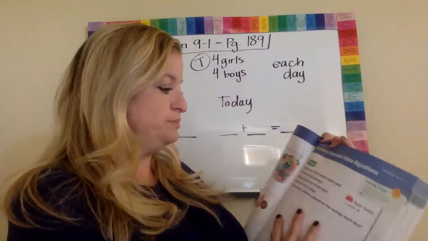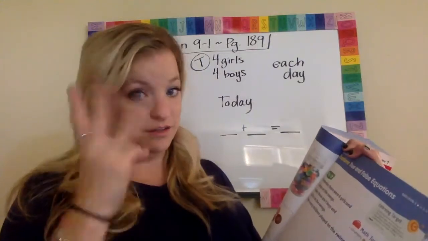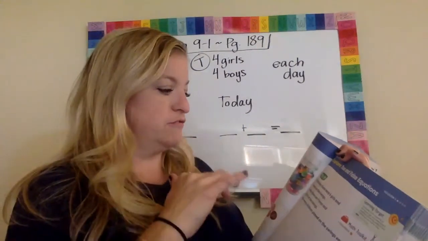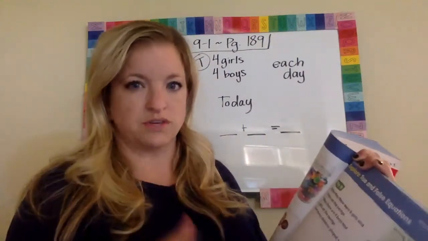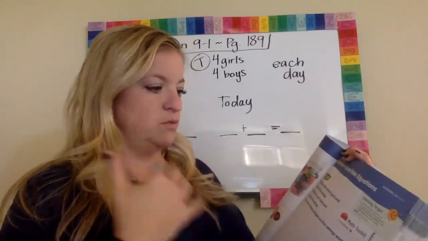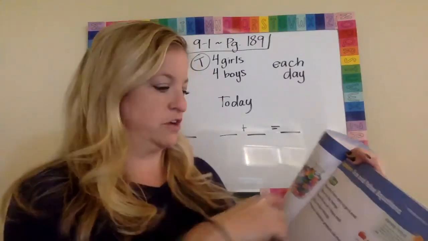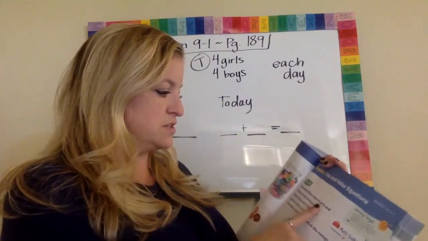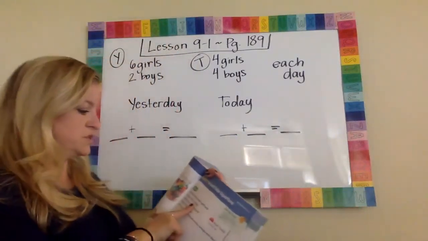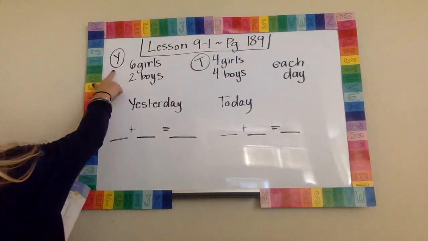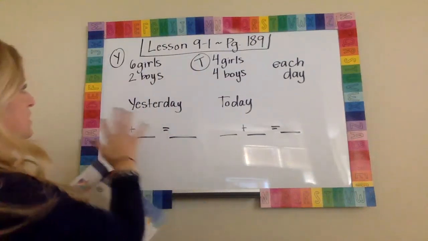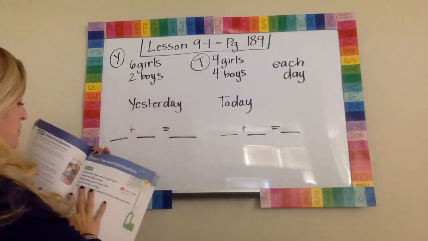With a word problem, we need to read it at least 3 times. And we're looking for the numbers and then those word clues of how do we solve it? What do they want us to do? What are they looking for? So yesterday there were 6 girls and 2 boys on the swings. I wrote a Y for yesterday because I'm showing you up here this problem.